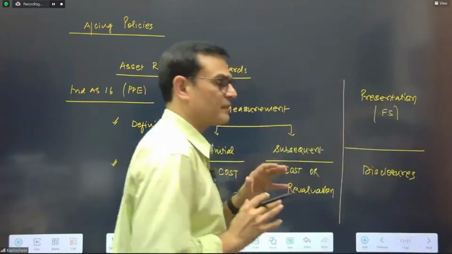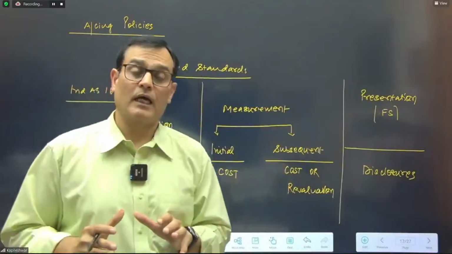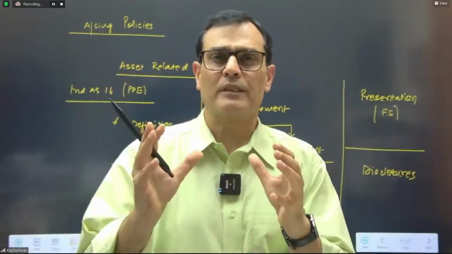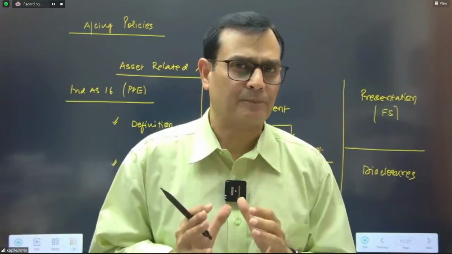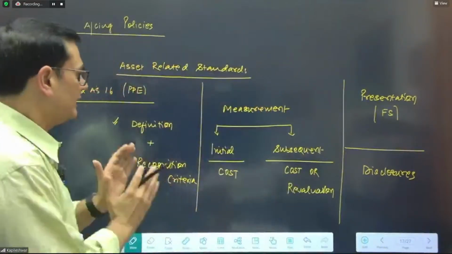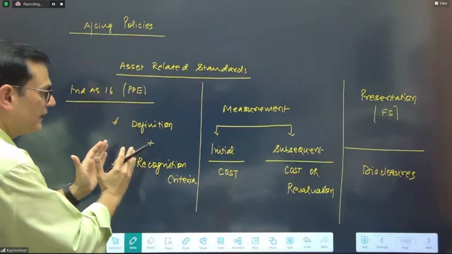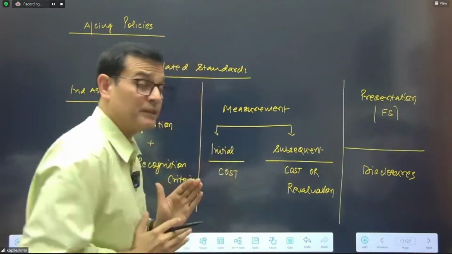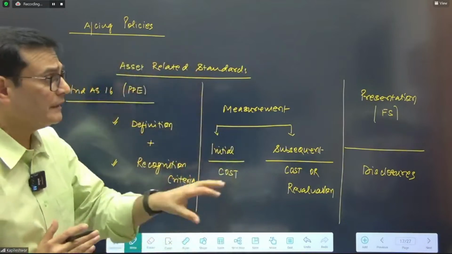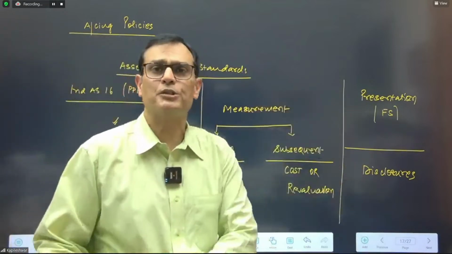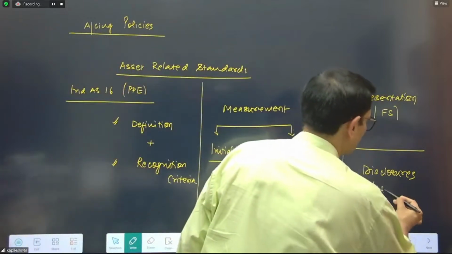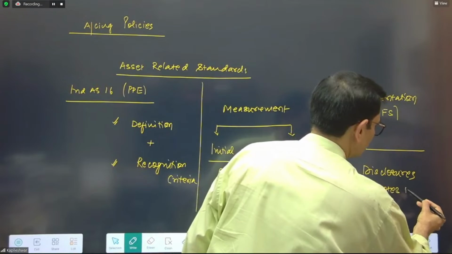This is how the standard on asset related matters is organized. It gives you the definition and the recognition criteria, which help you decide, can it be shown in the balance sheet as an asset or not? Then you decide the measurement, the value at which it would appear initially and on the balance sheet date. Then how you present it in the balance sheet, P&L, and the disclosures. The disclosures are done in the notes to accounts.